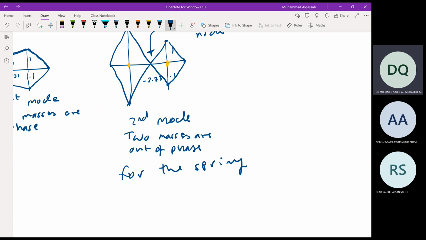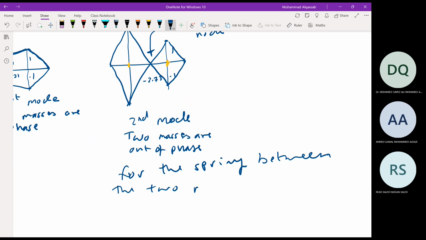If it is moving to the left, it is under compression. Okay, for the spring between the two masses, this is the spring that is under severe loading.